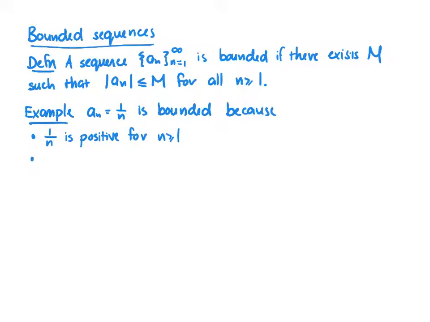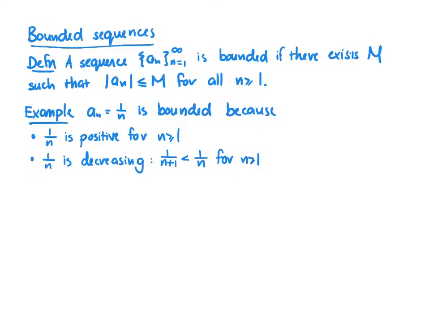And then also the sequence is decreasing. I know this because 1 over n plus 1 is smaller than 1 over n. So as n increases, you get a smaller term, for n greater than or equal to 1.